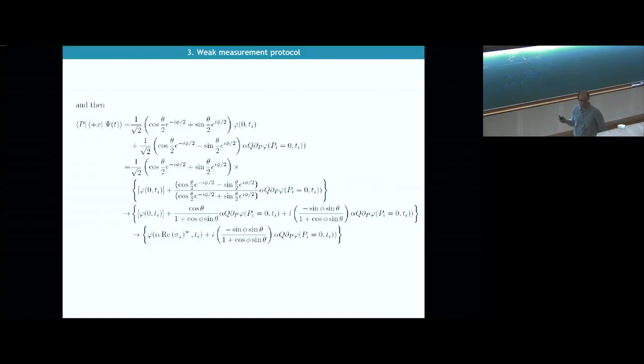That we have computed in the previous problem. I could do the same thing with the imaginary part, but I'm just interested in the real part. Basically, what you see is that just expanding alpha to first order and rearranging, your pointer wave function is just shifted by the weak value, which is of course what we would expect. But here we can explicitly solve the problem and see it happen.